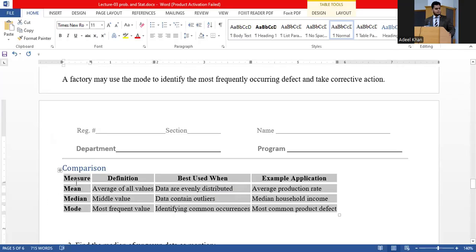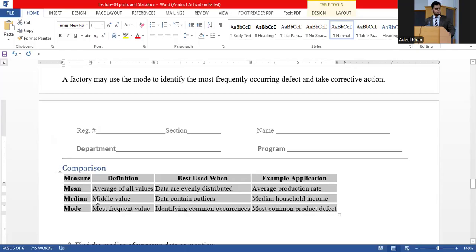As per the three types of central tendency, that is mean, median, and mode. The mean provides the average of all values and is best used when data are evenly distributed. An example application: average production rate.